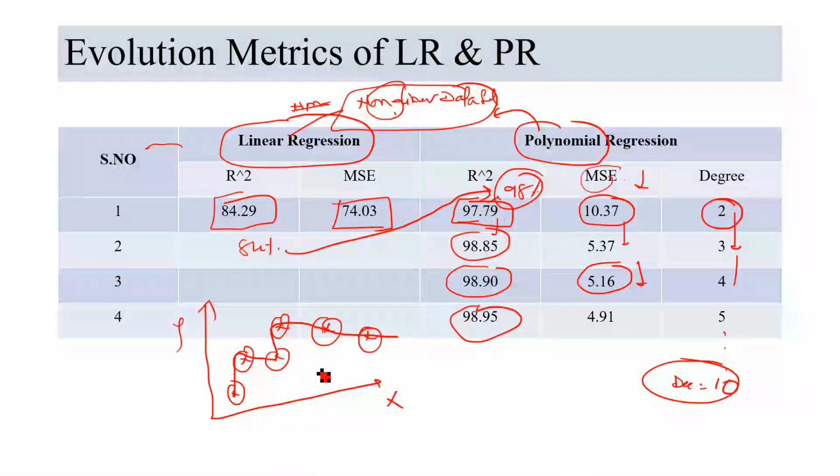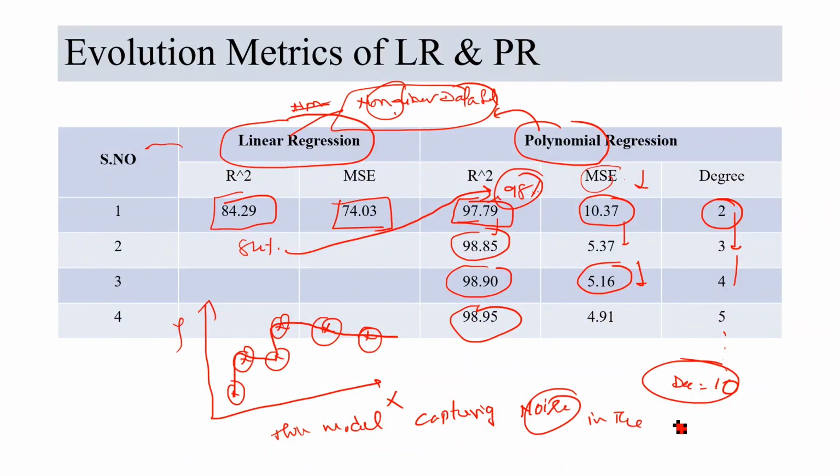So what happened? This model is capturing noise. This model is capturing the noise in the data set. So this is the problem, and this problem is called overfitting.